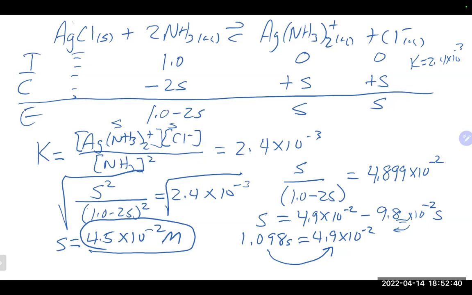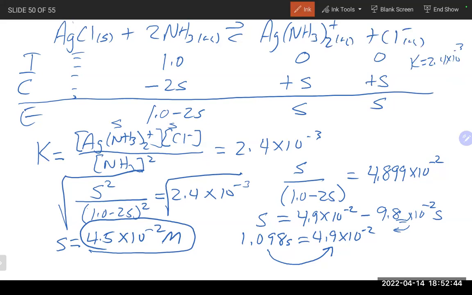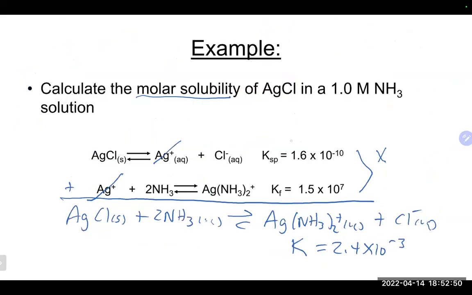Now, let's see if that really is a big deal. If we look at just silver chloride by itself, which I think we have the Ksp value right here, that would give us S squared is equal to 1.6 times 10 to the minus 10, taking the square root of that gives us a molar solubility of 1.3 times 10 to the minus 5 molar.